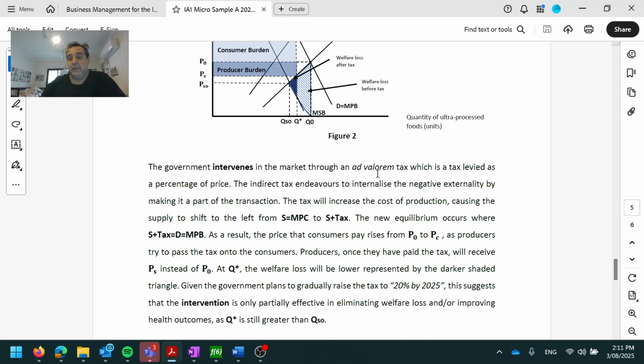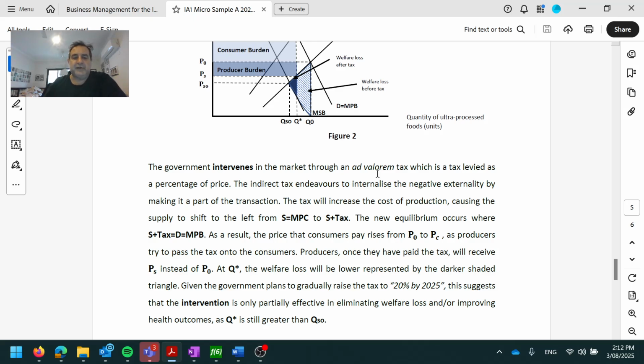Next sentence refers to cost of production. Whether you're talking about a tax or subsidy as a market-based instrument to alleviate an externality, you must make a connection to the cost of production. Okay, so whether it's an increase or decrease in the cost of production, depending upon a tax or subsidy, you need to have the cost of production very early on in that paragraph that explains the second diagram.